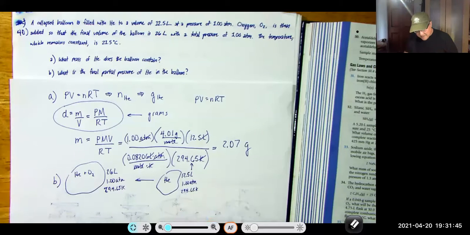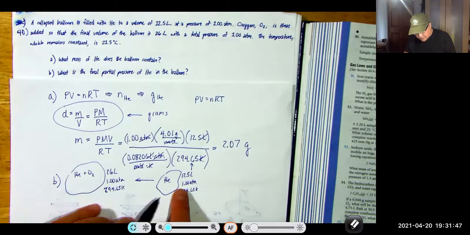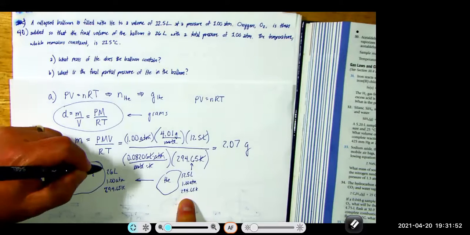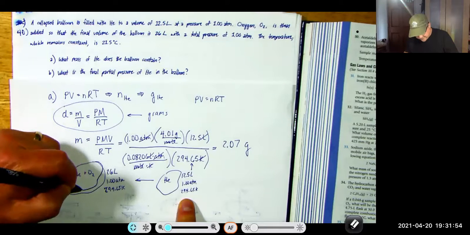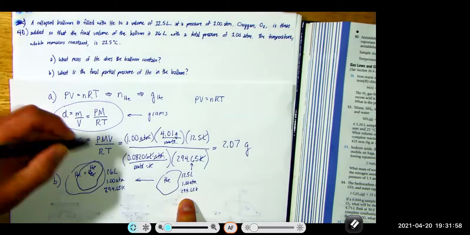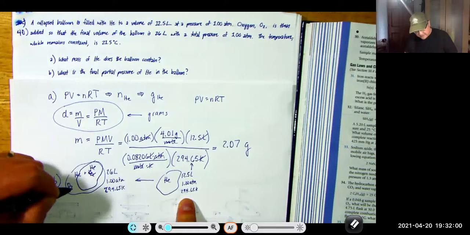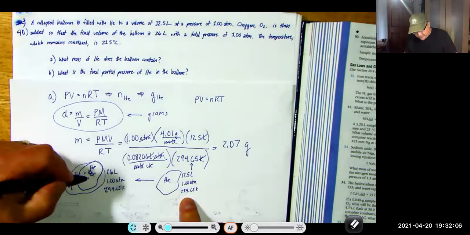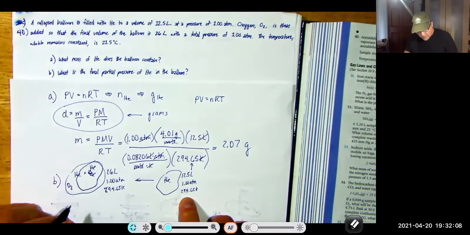So when I say think about it a little bit, do you see this little balloon here? Yes. That's this. And that's helium, right? Right. Where's the oxygen? It's out here, right? So the pressure of helium is still 1 atmosphere, right?